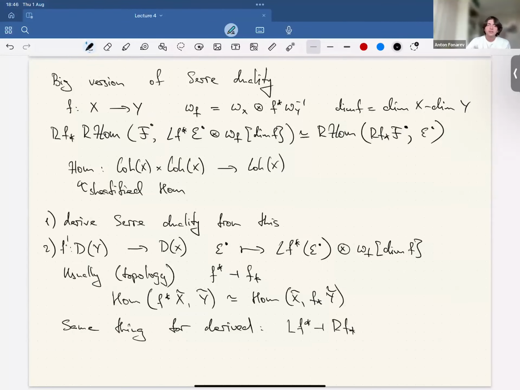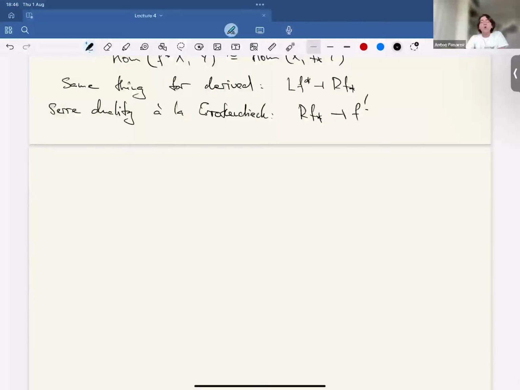So what does Serre duality tell us? Serre duality a la Grothendieck says specifically that RF lower star is left adjoint, so we can construct the right adjoint to it, which is F upper Schrick. The whole thing about derived categories started with the following observation.